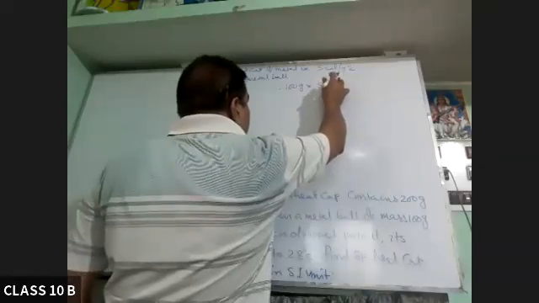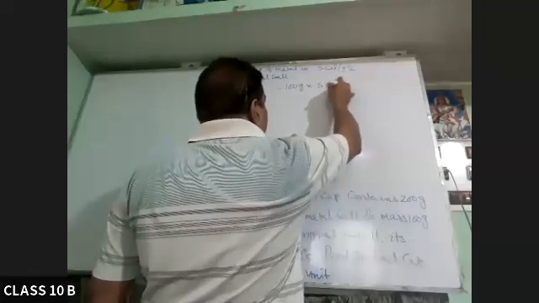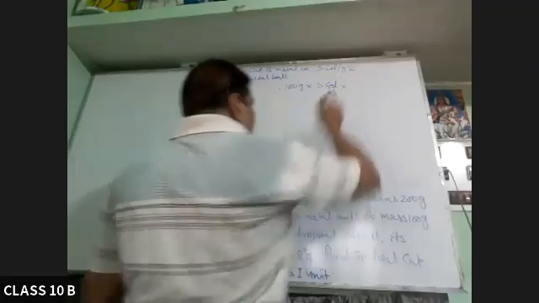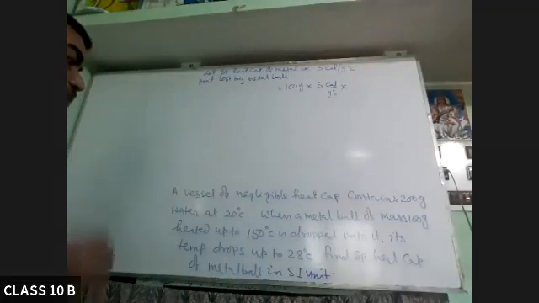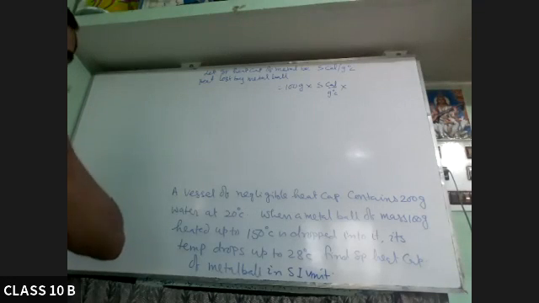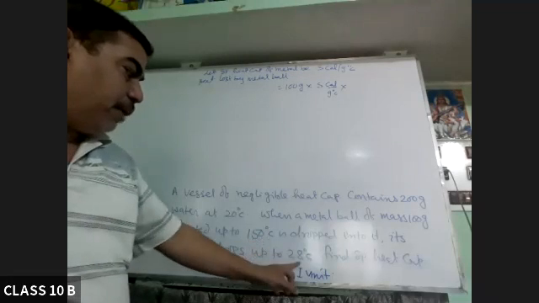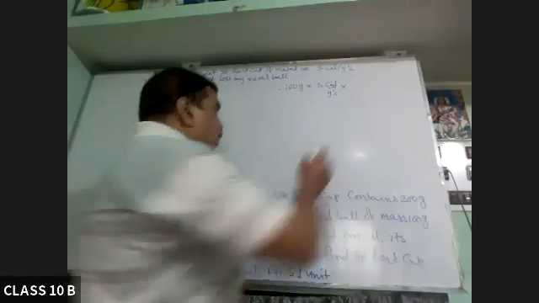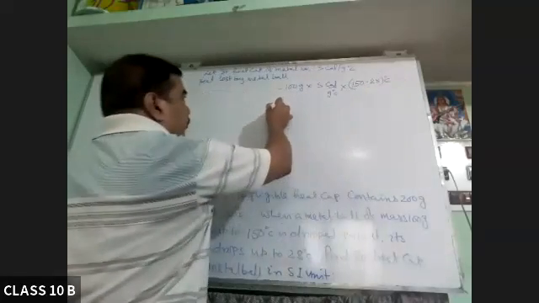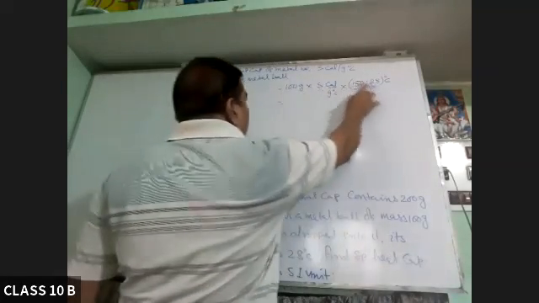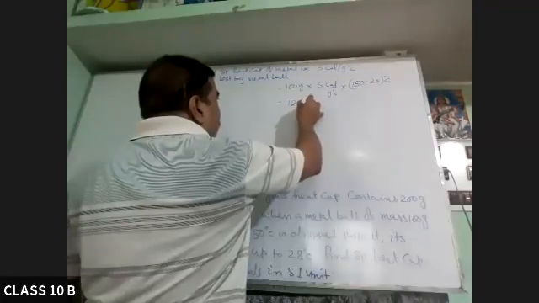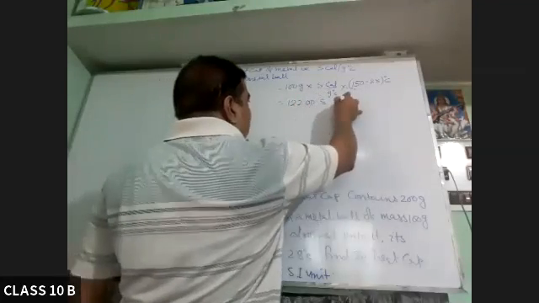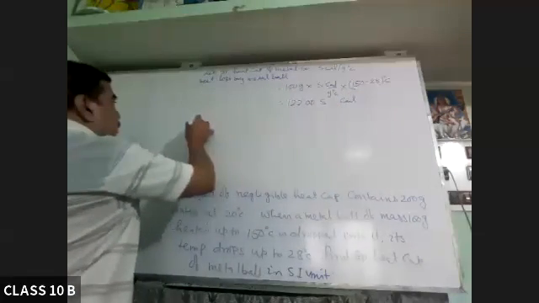Specific heat capacity we have assumed as S calorie per gram. And what is its fall in temperature? The initial temperature is 150 and final temperature is 28. So 150 minus 28, 122 degrees Celsius. So 122.00 into S. This much calorie will be the heat loss.